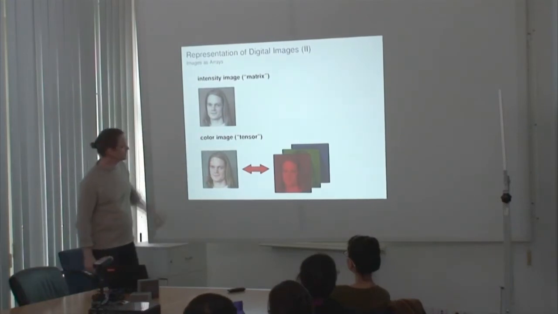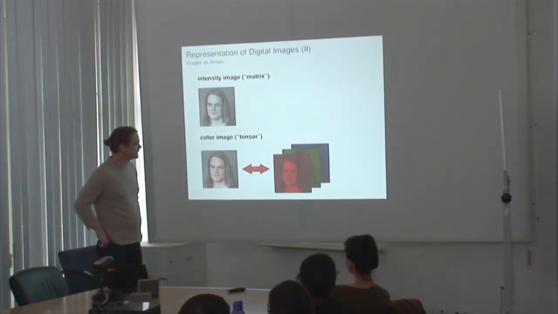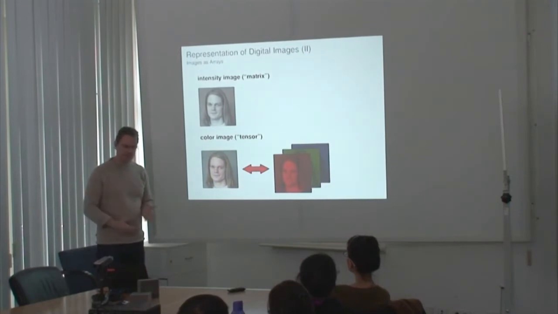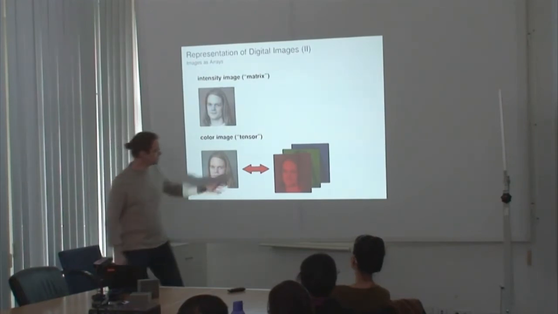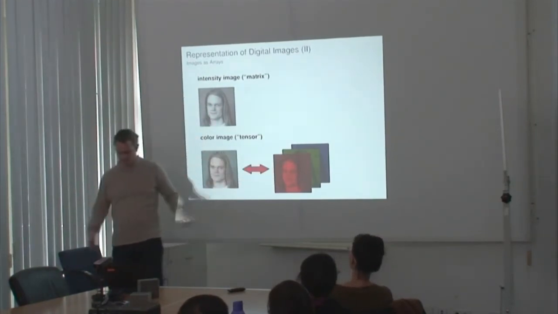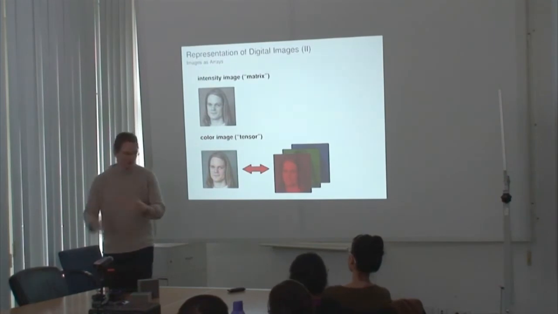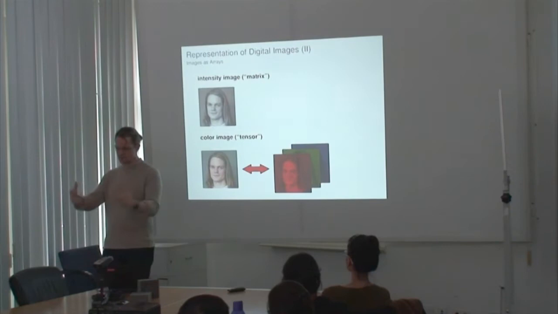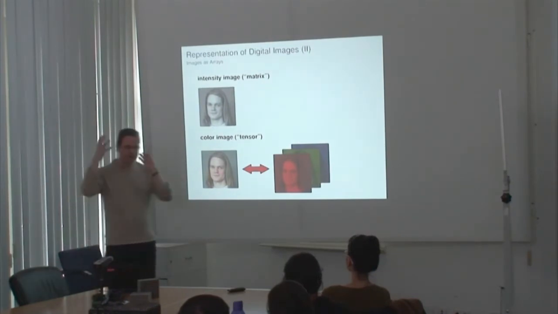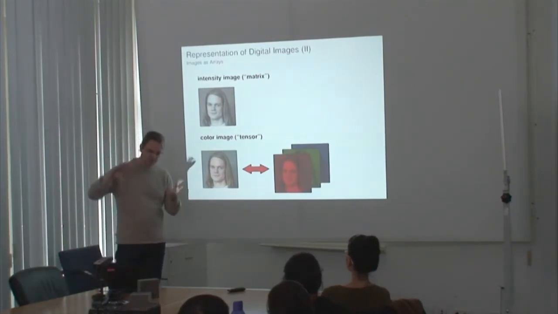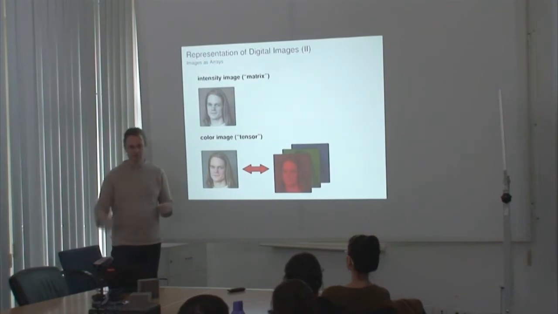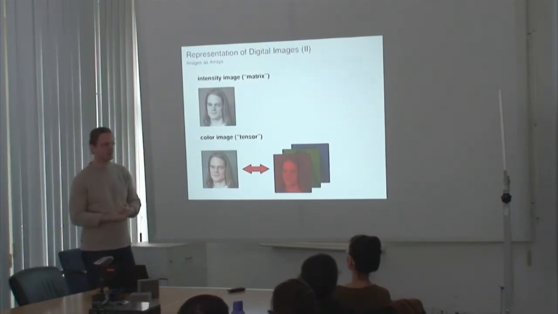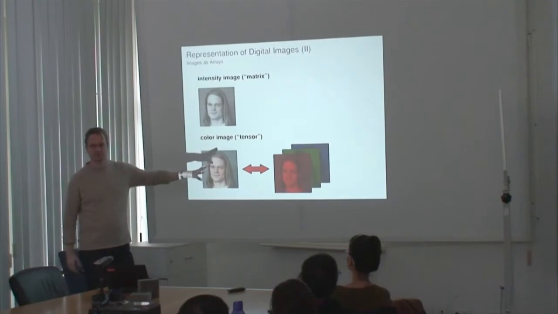And then we already talked about color images, and I said that they can be thought of as a superposition of three color layers, or three layers of intensity images, where the first intensity image somehow represents the red content of the scene, the second one represents the green content, and the third one represents the blue content. And our brain is able to, given these three elementary colors, create all the colors we see from that.